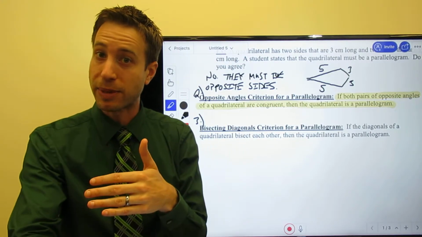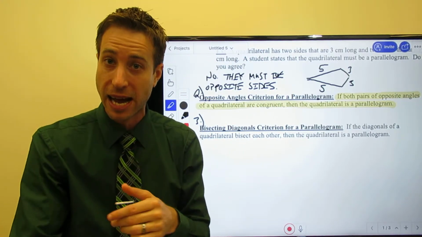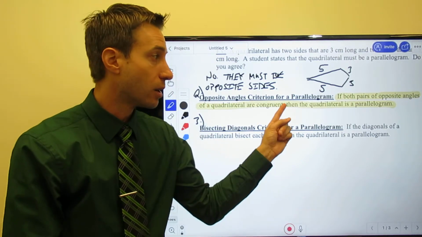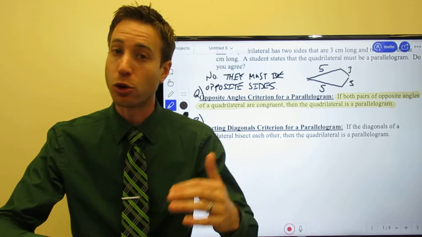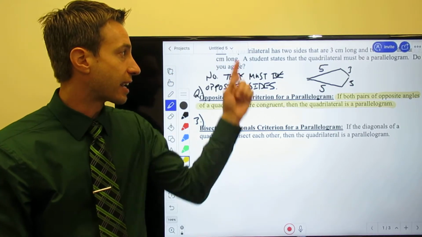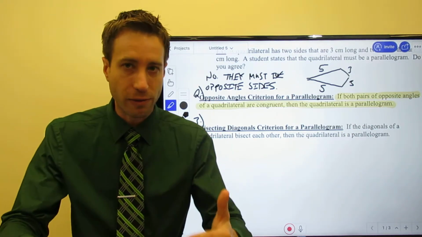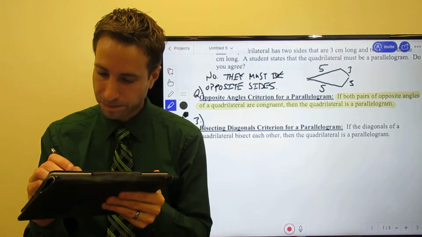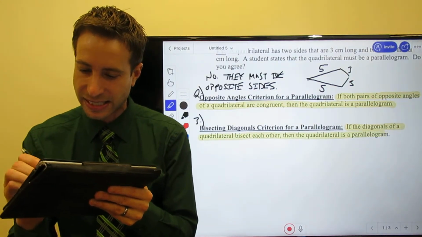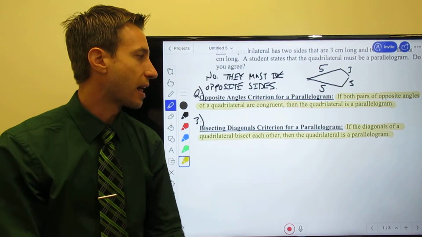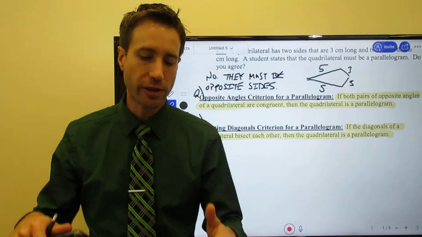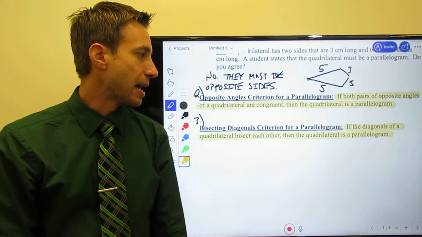There are two things there: congruency and opposite position. So please be very, very careful with both of those criteria. And then, of course, finally, the last one: if the diagonals of the quadrilateral bisect each other, then the quadrilateral is a parallelogram. So if we know the diagonals bisect each other, it must be a parallelogram.